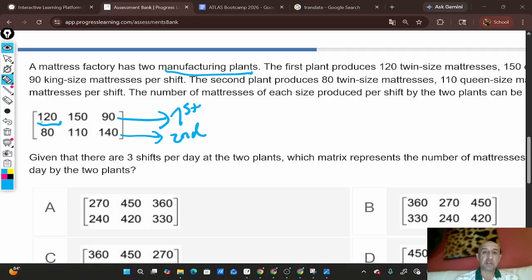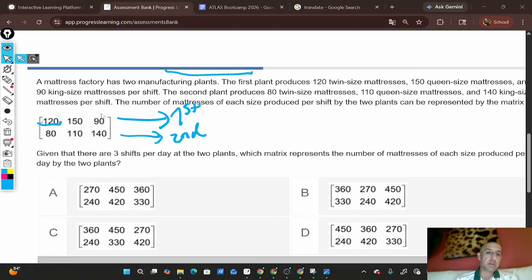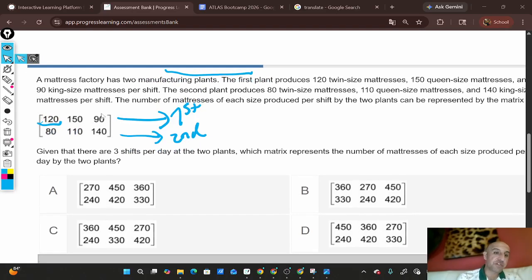I'm talking about the first manufacturing plant, and here the second manufacturing plant. Then we have 150 mattresses. So here is the second one, which is 150.